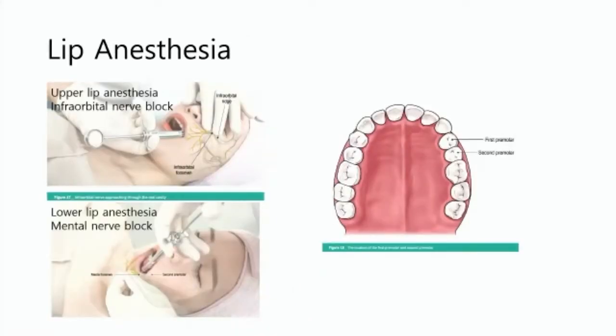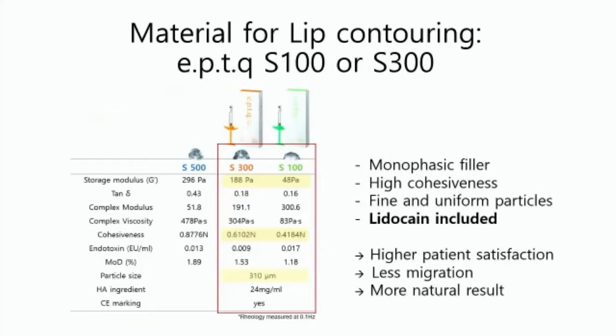So how do we do a lip nerve block? This slide shows that. You should inject from the inside, the mucosal part. It more effectively makes the lip numb. But I think a nerve block or nerve anesthesia is not necessary for lip injections, because if you choose a filler that includes lidocaine, it is enough for lip injection without a nerve block.